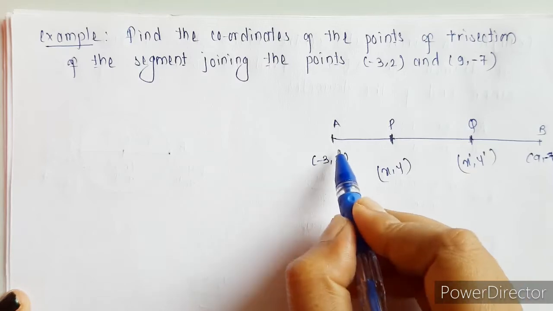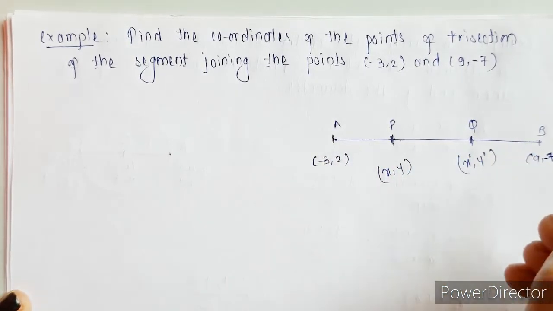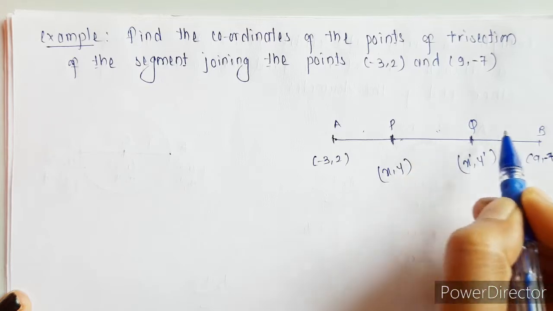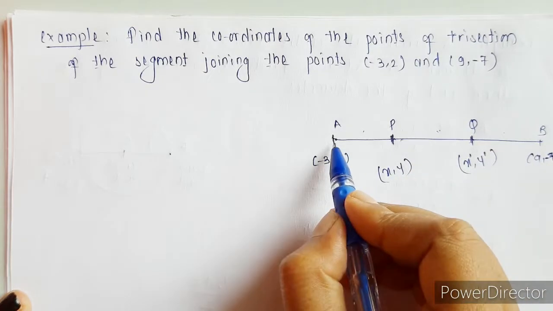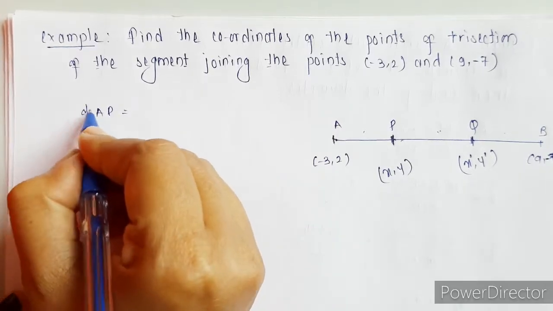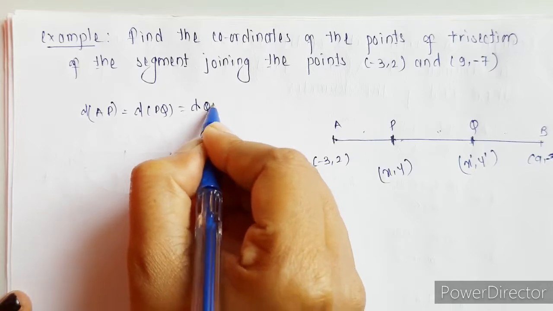Now since these 2 points are dividing this line segment into equal 3 parts, the distance of this will be equal to the distance of this, and equal to the distance of this. So basically, the distance AP will be equal to PQ, which will be equal to QB.